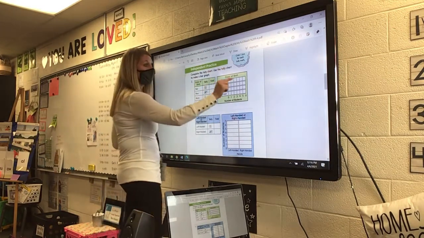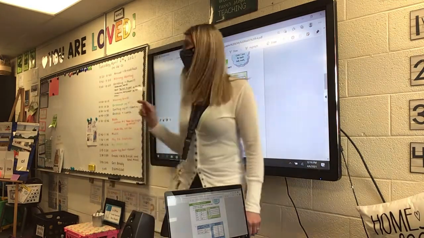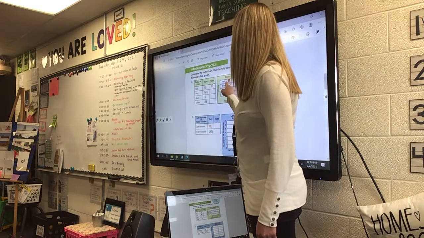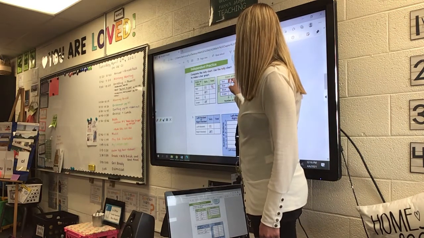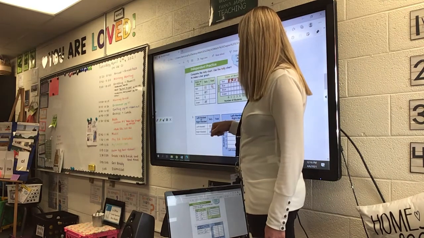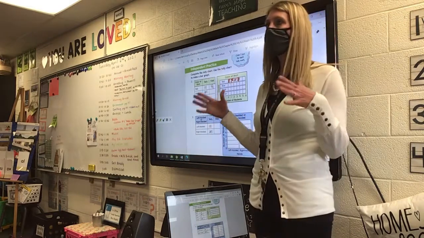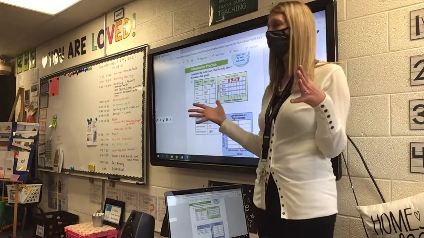And then what I would do is go color your bar graph to match your tally chart. Okay? So you're going to complete this first tally chart on color shirt. And then this bottom one is a tally chart on whether kids are left-handed or right-handed.